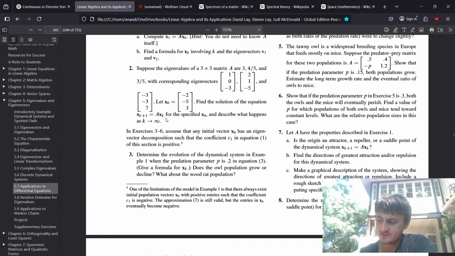Describe what happens. Well, what happens? Basically the long-term behavior ends up being in the direction of V1.